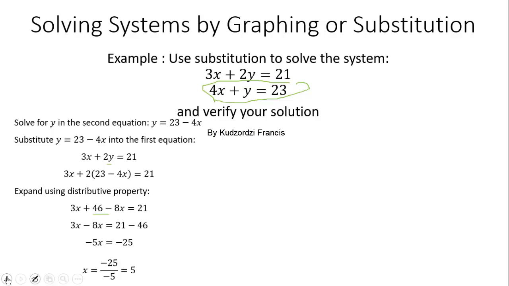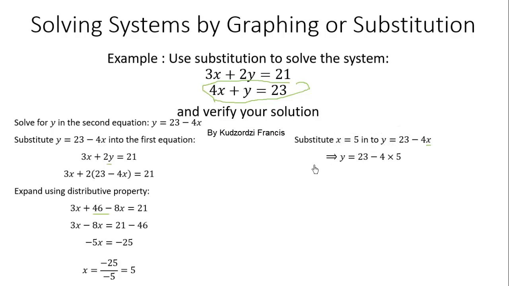So we substitute x equal 5 into y equal 23 minus 4x. So what do we do now? Wherever we see x, we replace with 5.